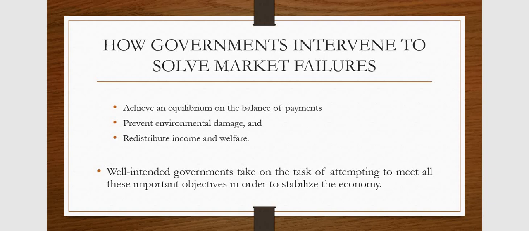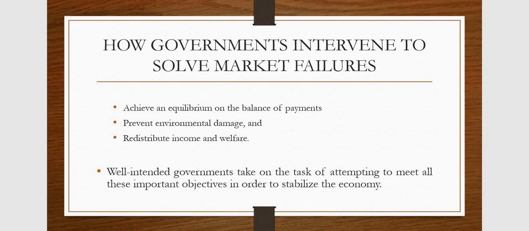And the next one is redistributing income and welfare. And so this is where the government introduces a tax called progressive tax in order for low income earners to also enjoy certain commodities. So the government wants to reduce the gap between rich and poor. This means taking some money from the rich and giving it to the poor through programs like taxes and social security.